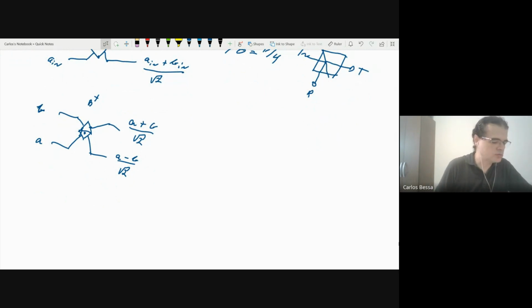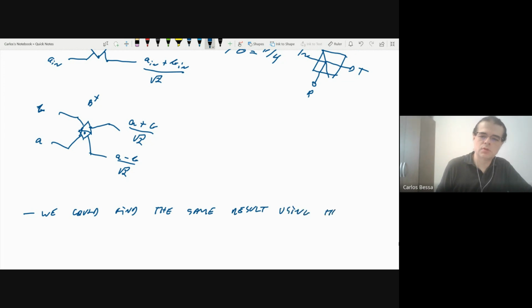So we find the same result using the following Hamiltonian.